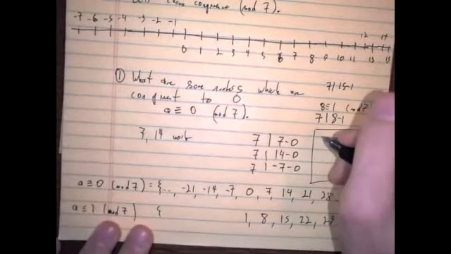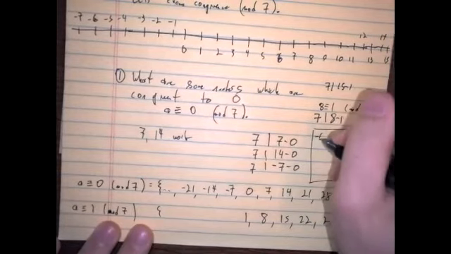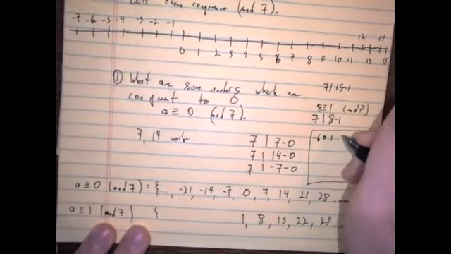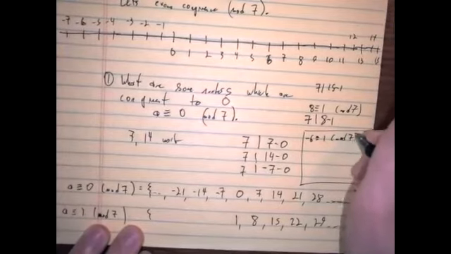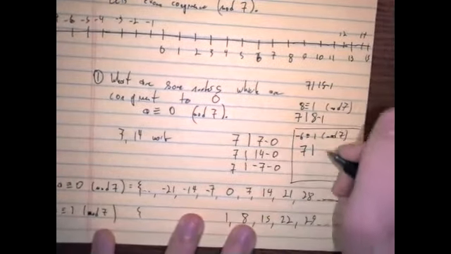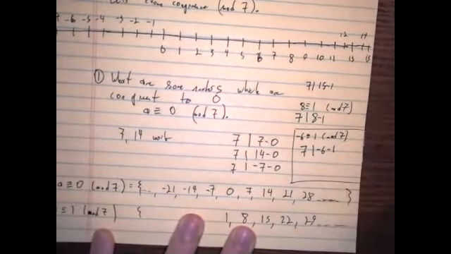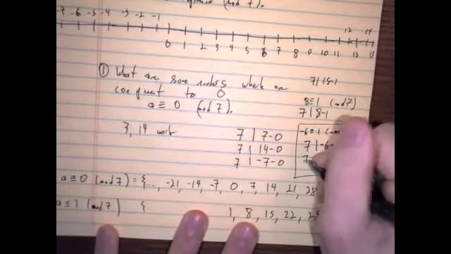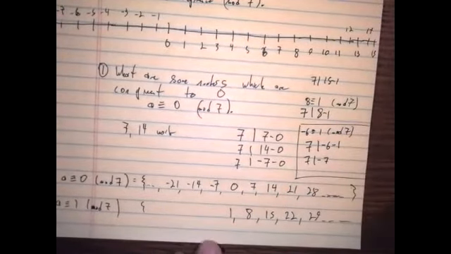How about negative 6? Is negative 6 congruent to 1 mod 7? Yeah, because 7 divides negative 6 minus 1. 7 divides negative 7. Exactly.